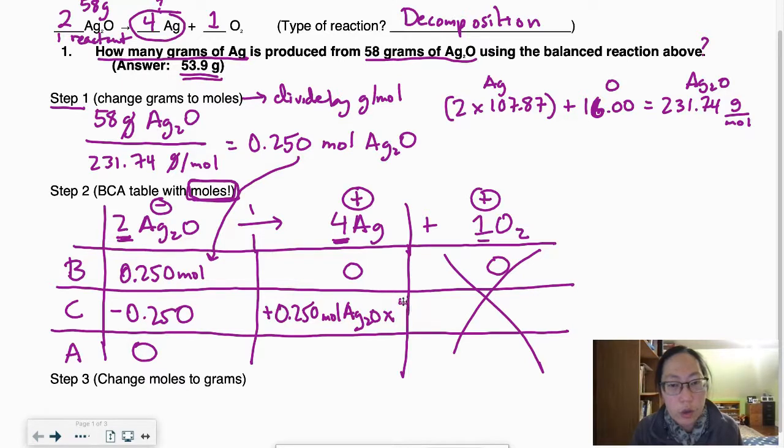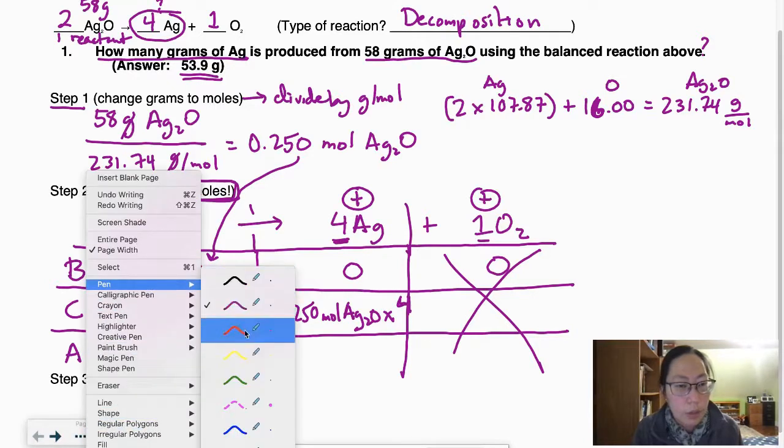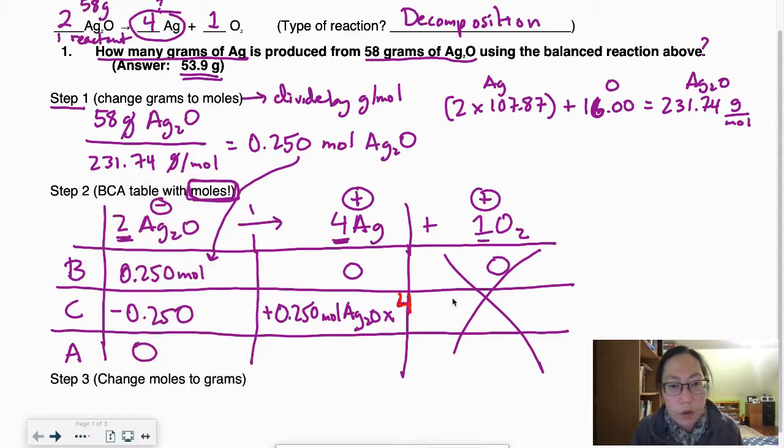So 4, let me use a different color here so that you can see it better. So 4 Ag over 2 Ag2O. Okay, there's our ratio between silver and Ag2O. All right, so that's going to be how much we produce.